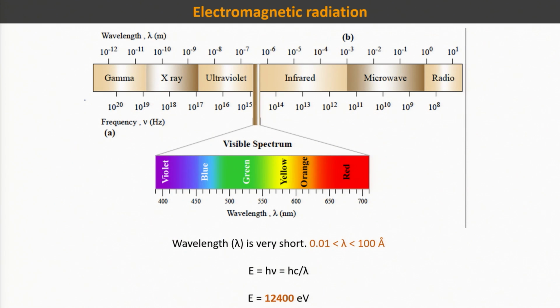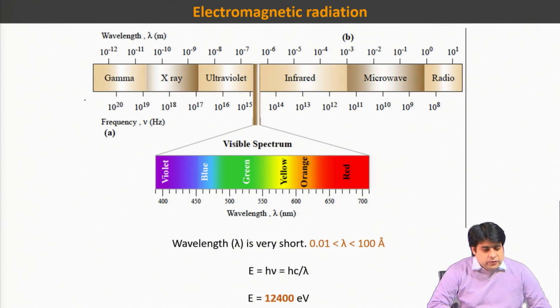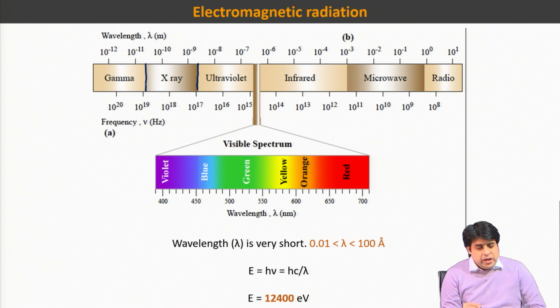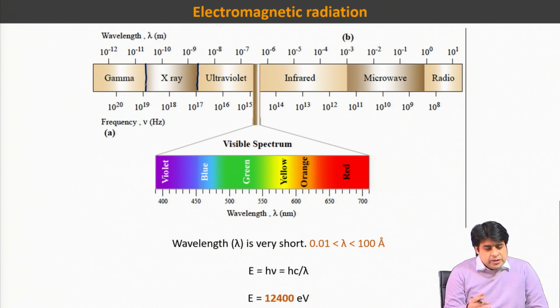First I will quickly discuss what X-rays are. X-ray is electromagnetic radiation, and because it is radiation, it has a certain energy. If you see this diagram, X-ray comes in this range. They have a frequency larger than ultraviolet radiation and lower than gamma radiation.